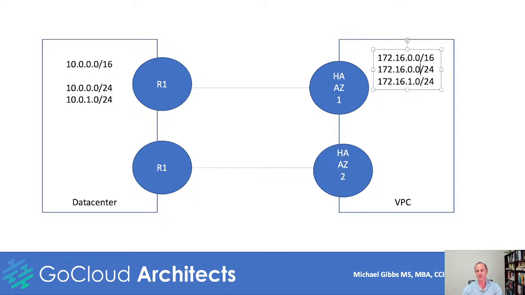Well, here's what routers do. Routers always choose the most specific route. Which is more specific? 10.0.0.0/16, which includes these routes, or 10.0.0.0/24? Guess what? The 10.0.0.0/24 is more specific, and if you don't know how, the more bits in a subnet mask, the more specific the route is.